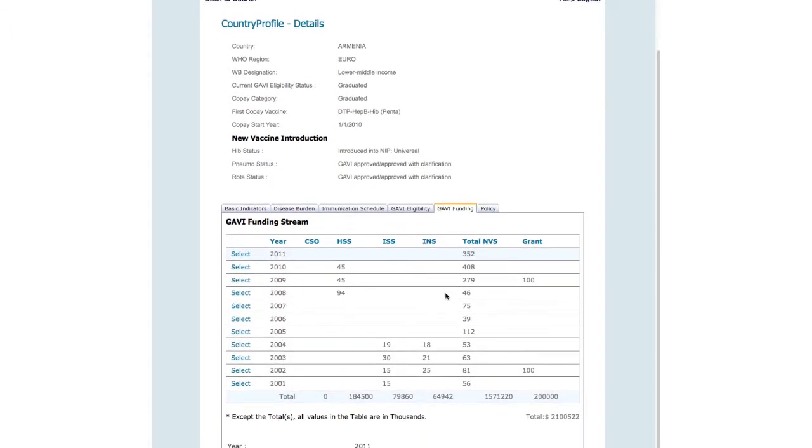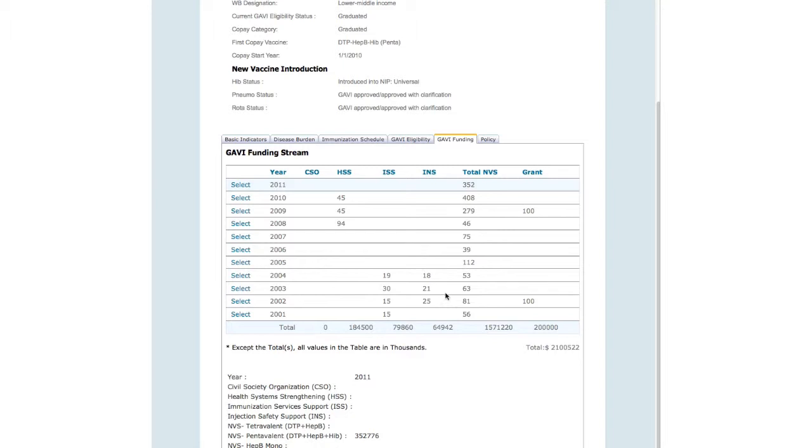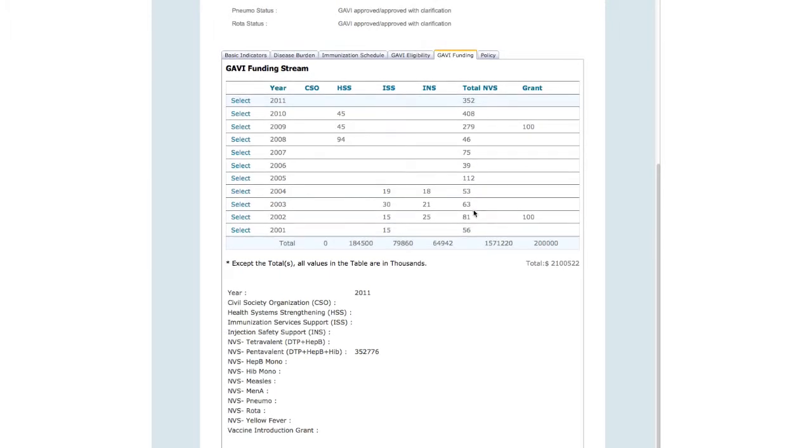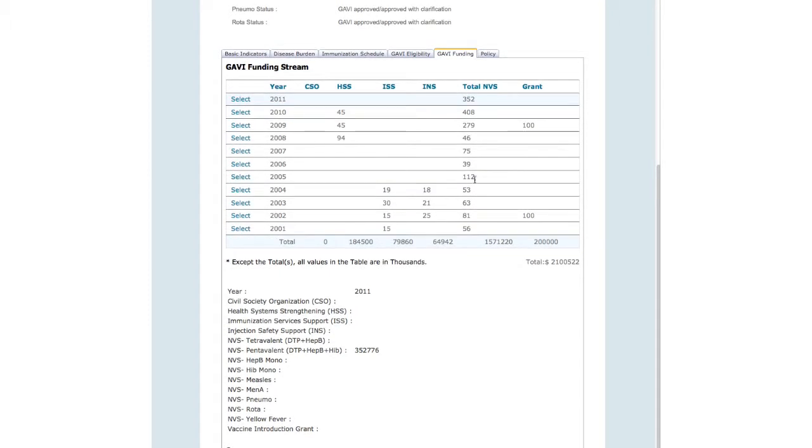We also provide information on the Gavi disbursements over time to Gavi eligible countries. As you can see, the disbursements are available from the beginning of Gavi to the current year, and it shows in thousands the number of dollars that were dispersed for a given sector, for a given type of funding.